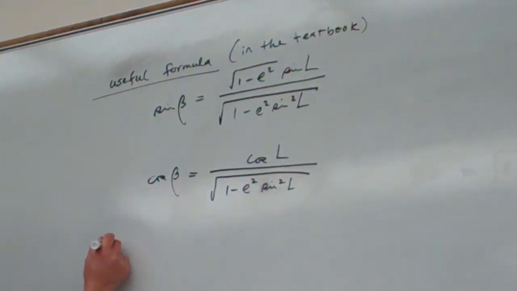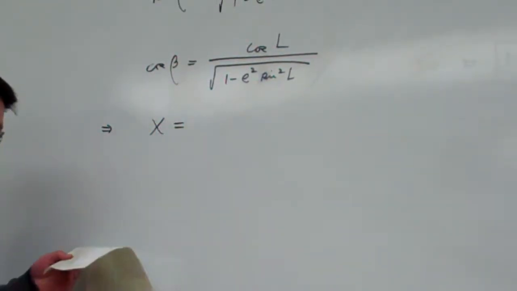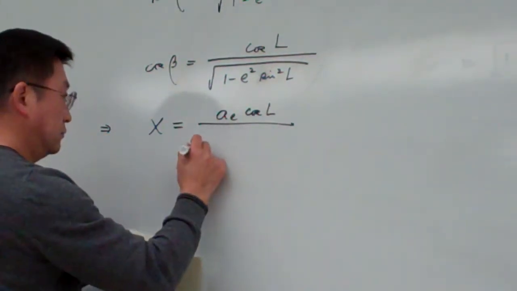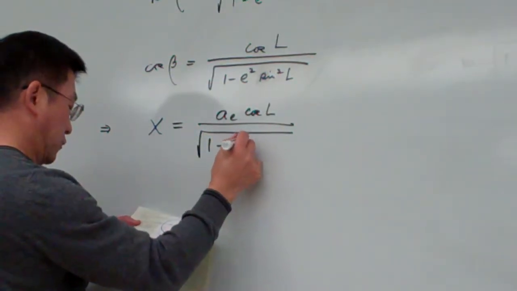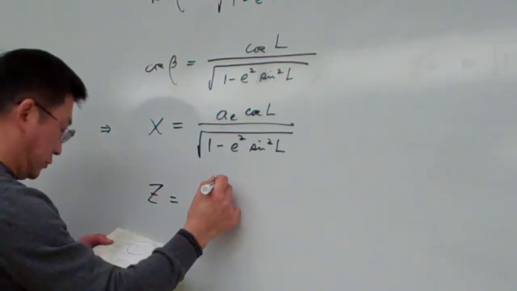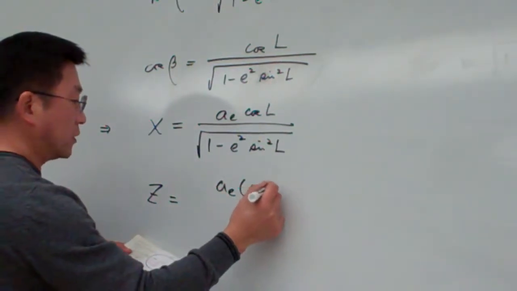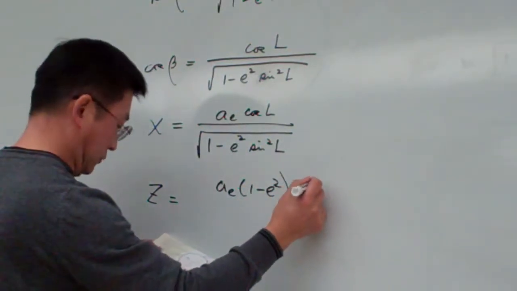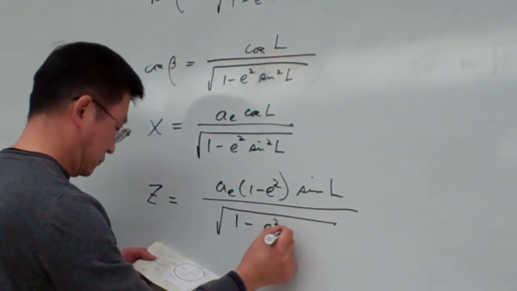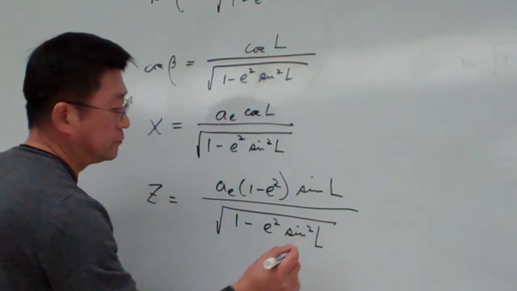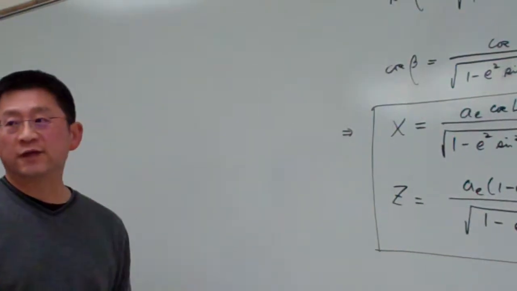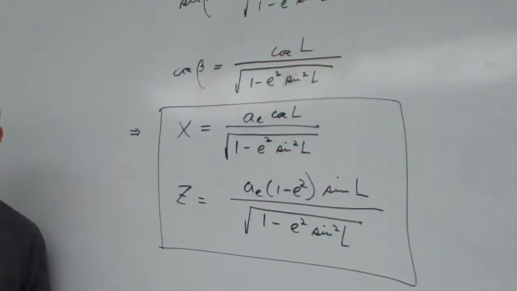So therefore, from here we plug in, and we have x equal to AE cosine L over the square root of 1 minus E squared sine squared L, and z equal to AE times 1 minus E squared times sine L, over the same denominator. These two equations are not useful yet, and we can do a little bit more.